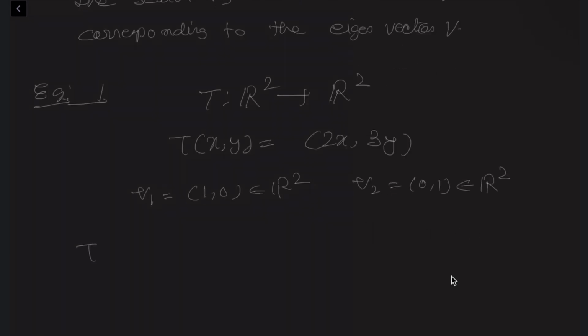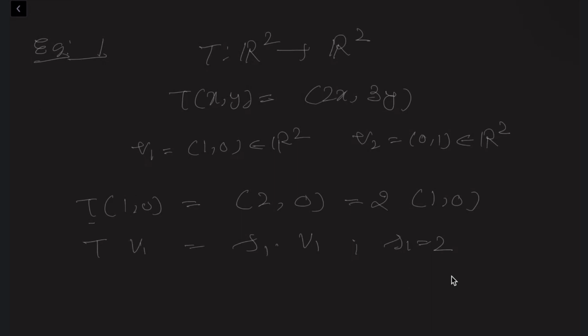What is T of (1, 0)? T of (1, 0) is (2, 0), which I can write as 2 times (1, 0). So T of v1 equals lambda 1 times v1, where lambda 1 equals 2. It means that (1, 0) is an eigenvector corresponding to the eigenvalue 2.